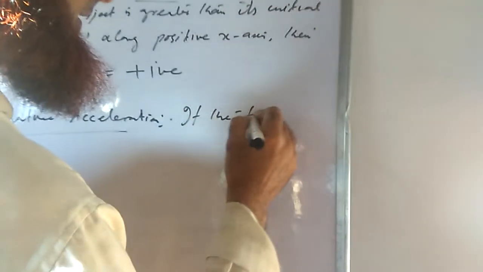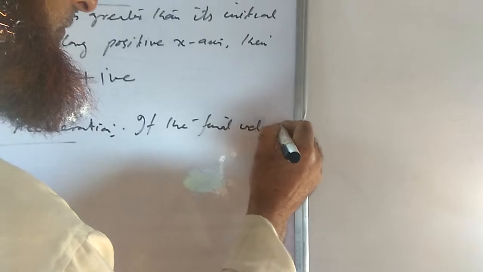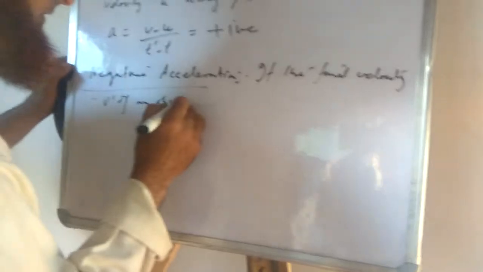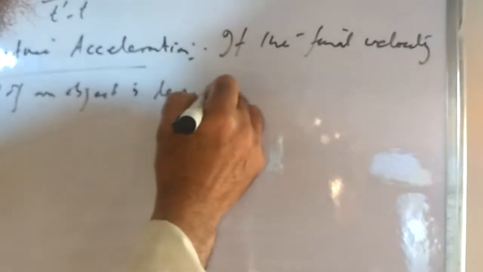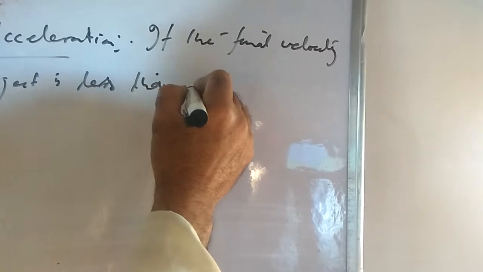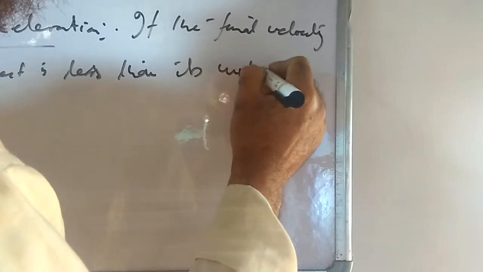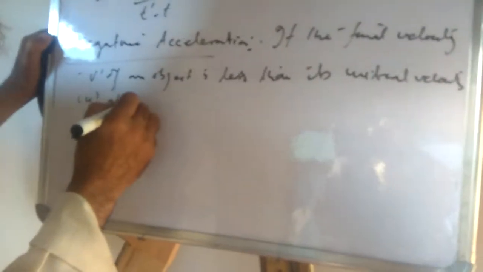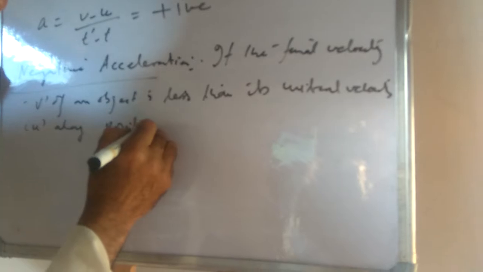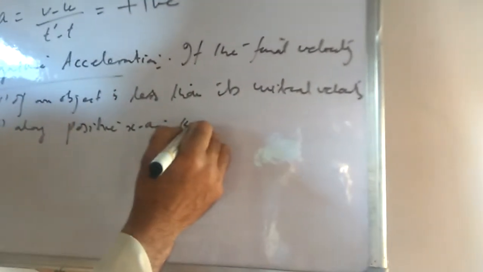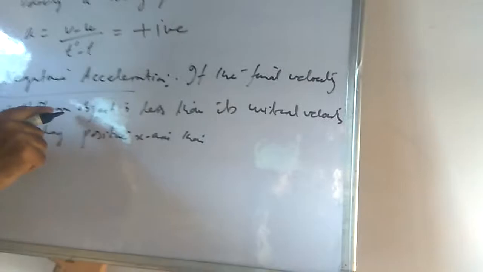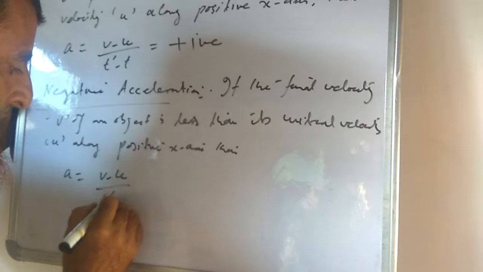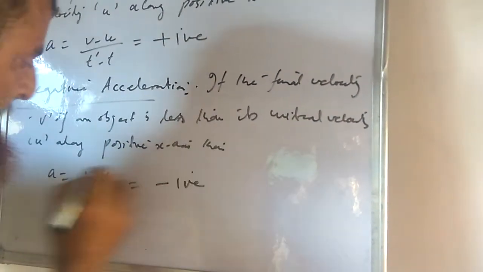If the final velocity v of an object is less than its initial velocity u along the positive x-axis, then a is equal to v minus u divided by t dash minus t, which is negative.